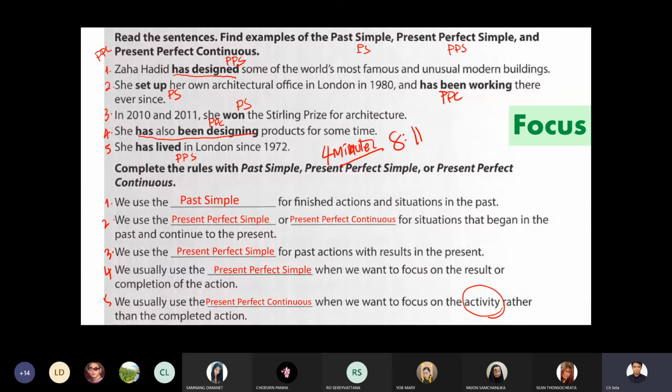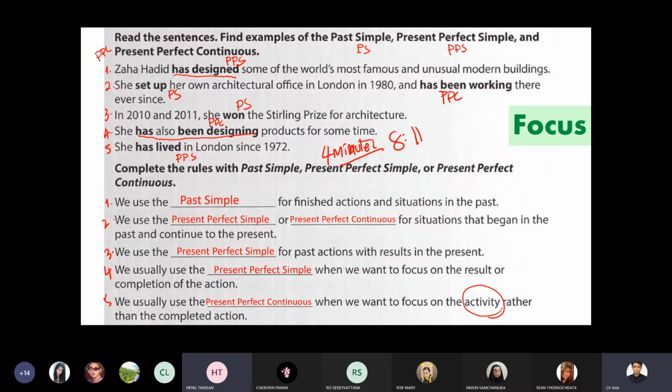One, we use the past tense for finished actions and situations in the past. Two, we use the present perfect simple or present perfect continuous for situations that begin in the past and continue to the present. Three, we use the present perfect simple for past action with result in the present.